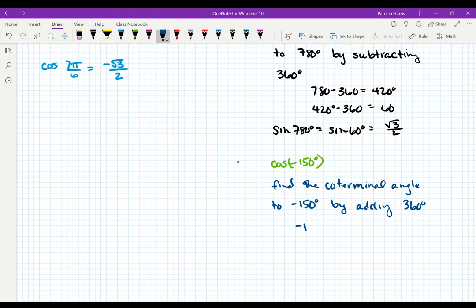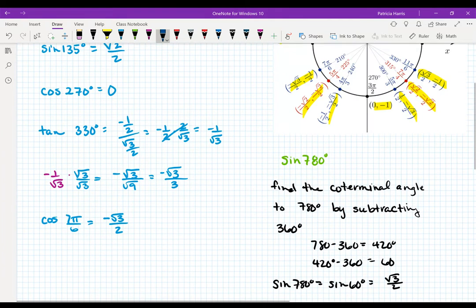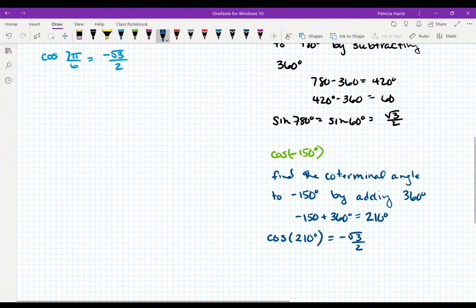So negative 150 plus 360. Let's see what that is. Oh, that's 210. So cosine of 210 would be negative radical 3 over 2. And you can confirm that by looking at your unit circle.